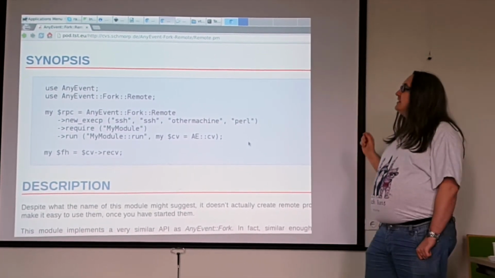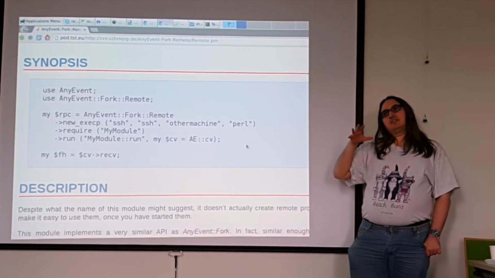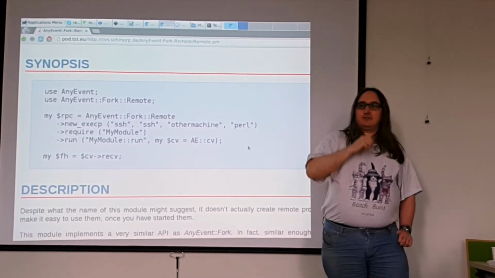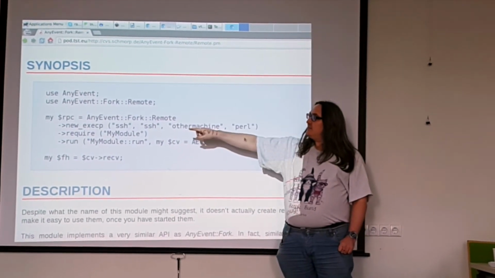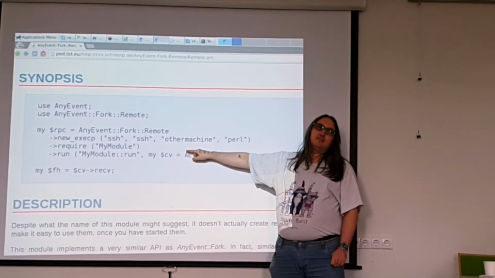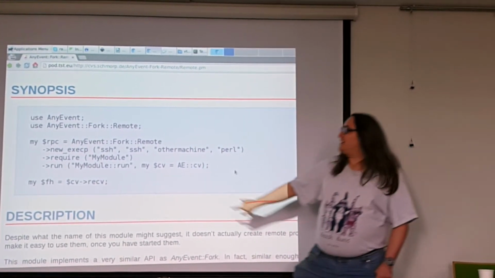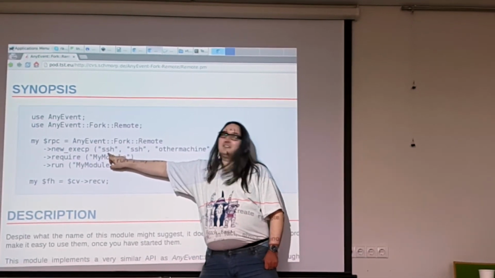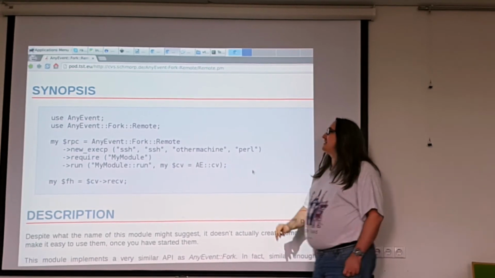And this module is a bit like AnyEvent fork, except it allows you to start the process yourself. For example, with SSH. And one method is the new execp method, which works like the execp function. That's why there's SSH twice. You know, this is the path, and this is the program name, and this is the first argument.